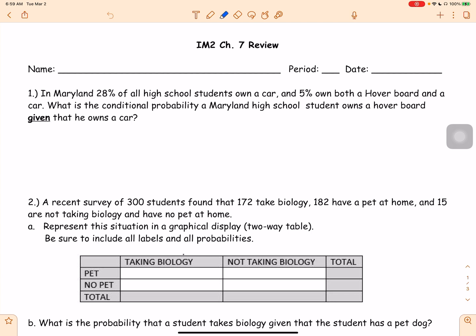Okay, so conditional probability. If we remember right, this is whenever we're given some condition to work with. So this formula would be the probability of A given B, where A and B are just some event that's happening, is equal to the probability of A and B happening over the probability of just B, which is what you're given, okay?